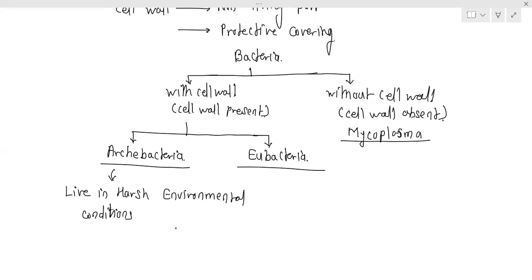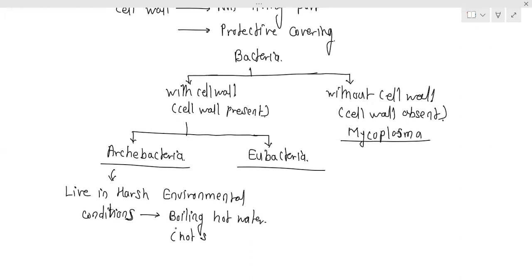So what do you mean by harsh environmental conditions? Harsh environmental condition means they will live in boiling water. Okay, boiling hot water, which is present in a hot water spring.